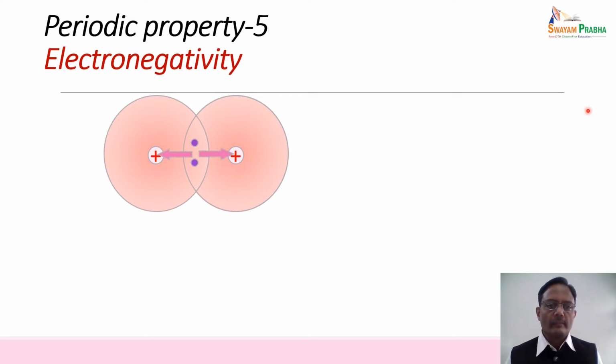This electron pair is under the influence of the applied field of both of the nuclei. Hence, this electron pair is under the influence of the nuclear force of both the nuclei of the bonded atoms.